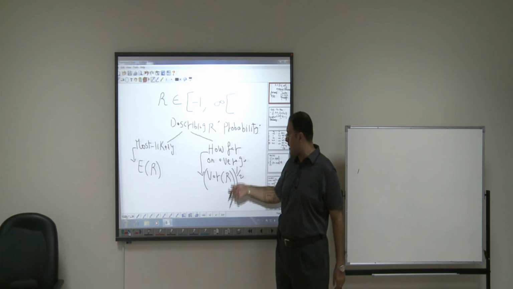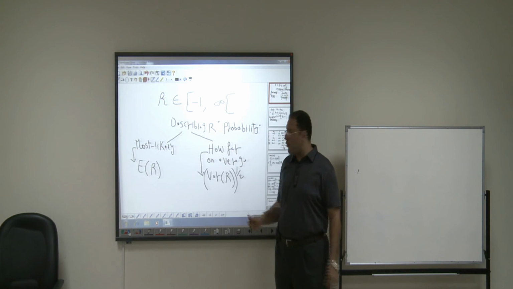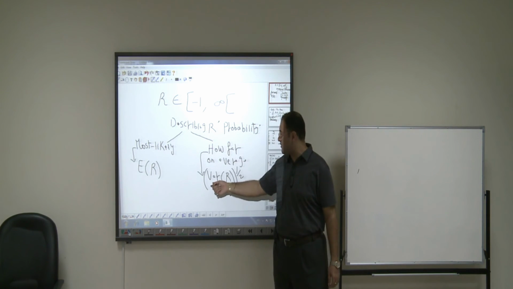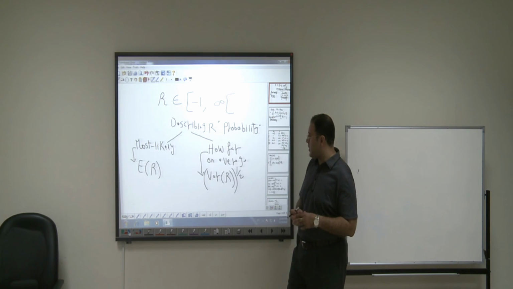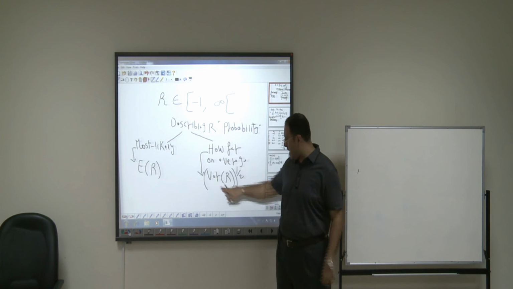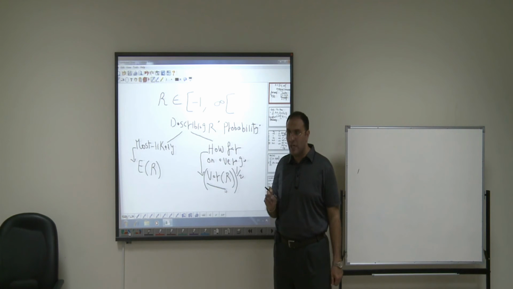Now I have the variance. I take the square root of it, and I'm going home with how far. Why am I taking the square root? Because the variance is based on how far squared.